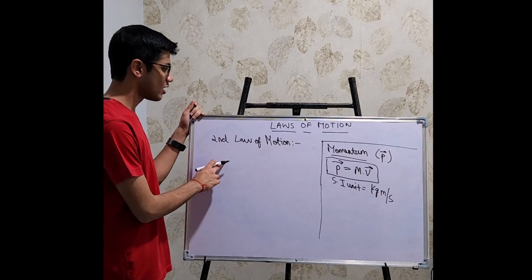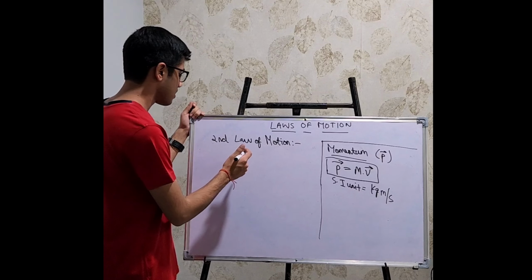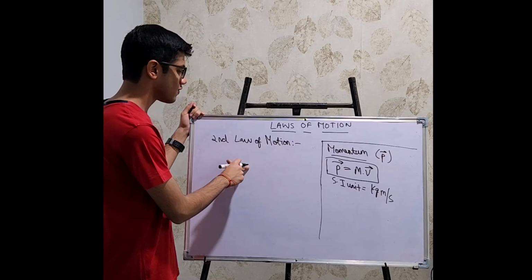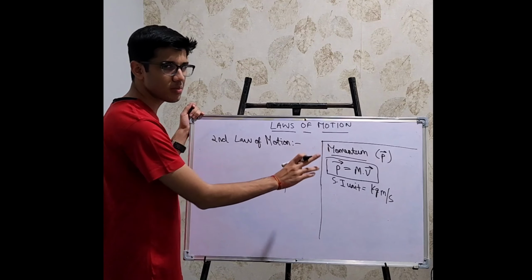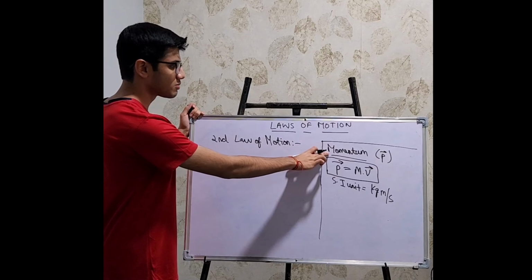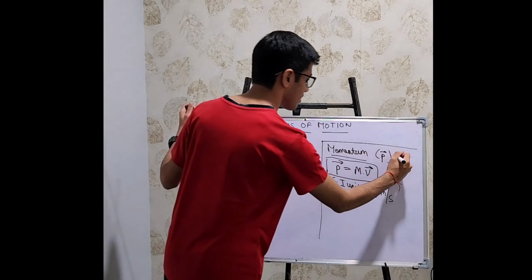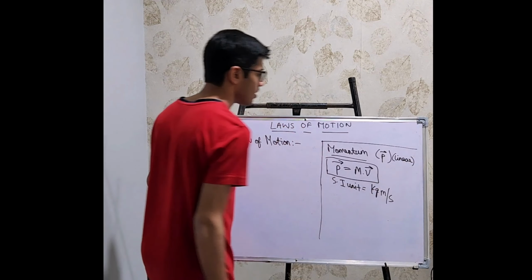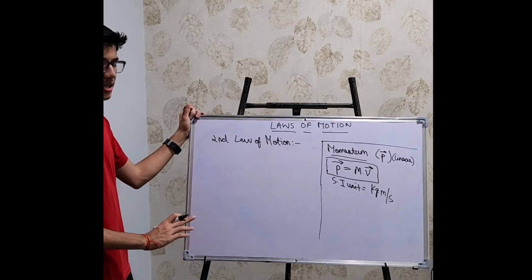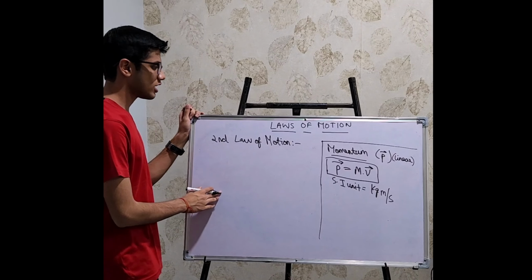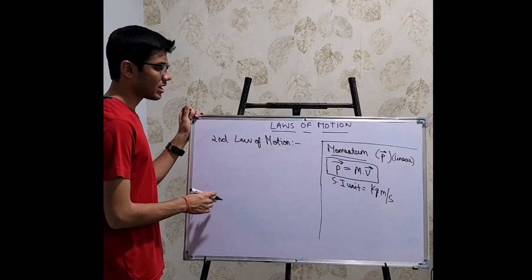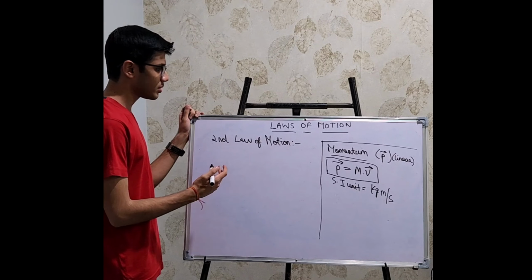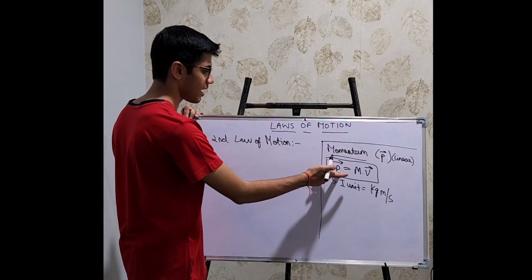Now the second law of motion means that the rate of change of linear momentum, and I am assuming this momentum as linear. I will write it here also. This is linear only, it's not angular or something. Whenever I say rate, that means we need to divide the quantity by the time.